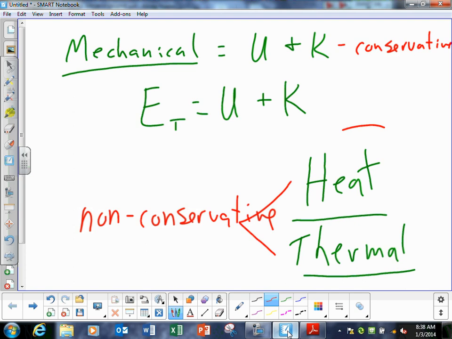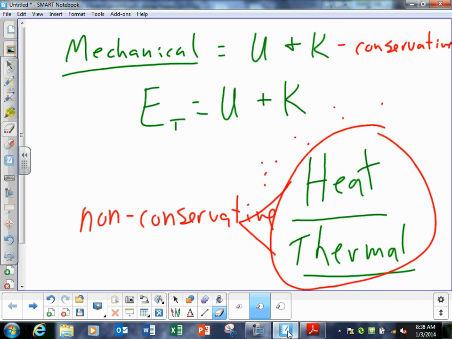Heat and thermal, though, doesn't transform back into kinetic. Because what happens is these particles hit these particles, those particles hit those particles, and before you know it, this heat is spread out and dispersed throughout the whole universe, and it's undetectable, almost. Although there's microwave radiation and things might be caused by that. I'm not sure.